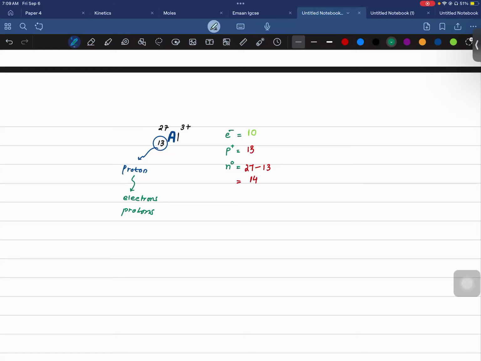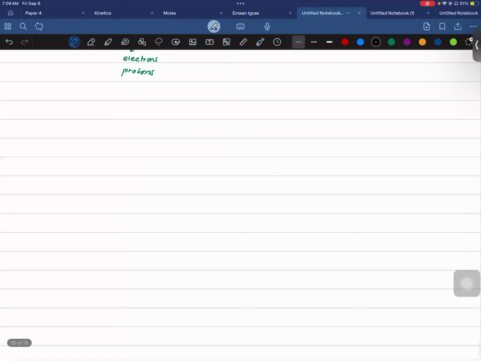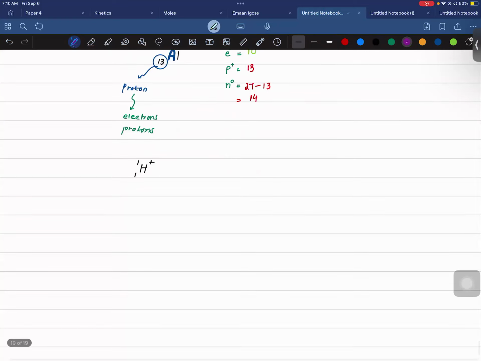Let's suppose I have H positive, with 1 and 1. How many electrons, protons, and neutrons does it have? Electrons will be 0.